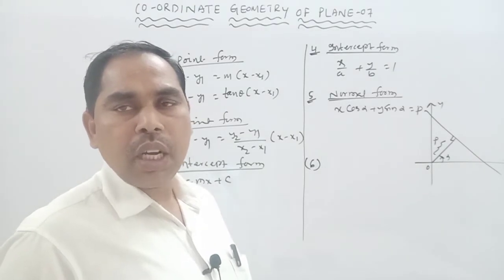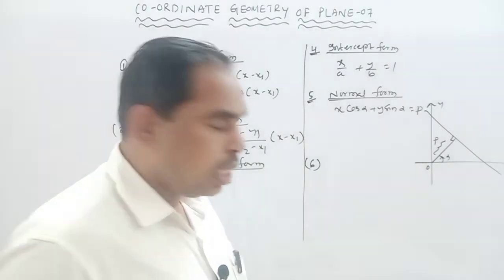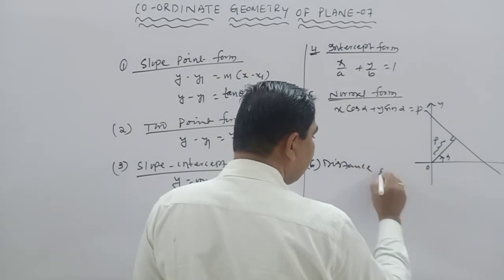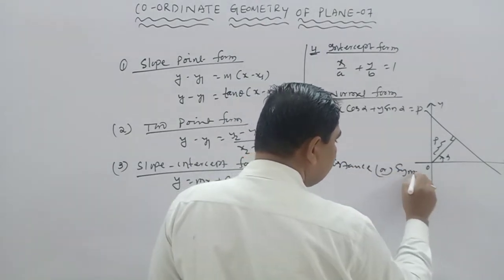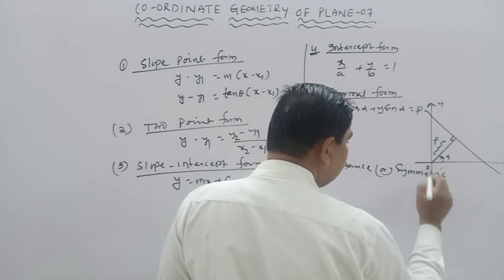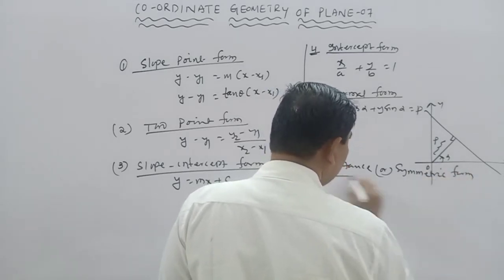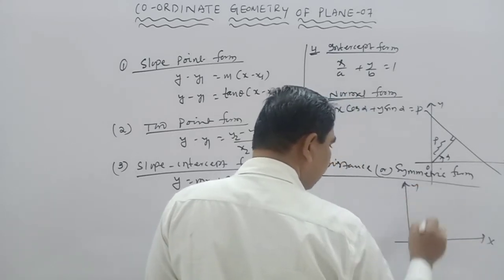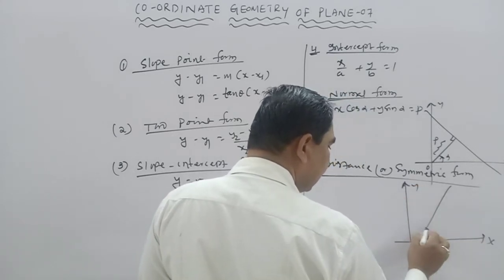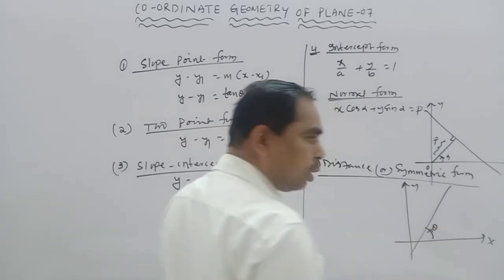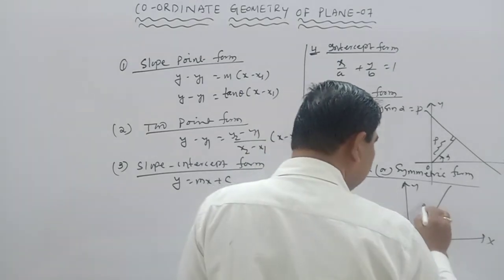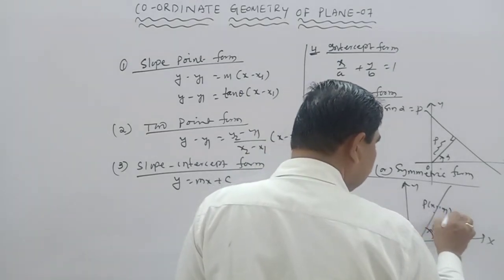And the last one, sixth, distance form or symmetric form. This is the y axis, x axis, this is the line making theta degree with the positive x axis in positive sense and passing through a fixed point P with coordinates x1 comma y1.